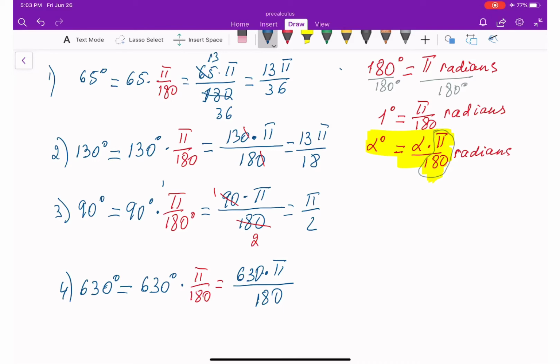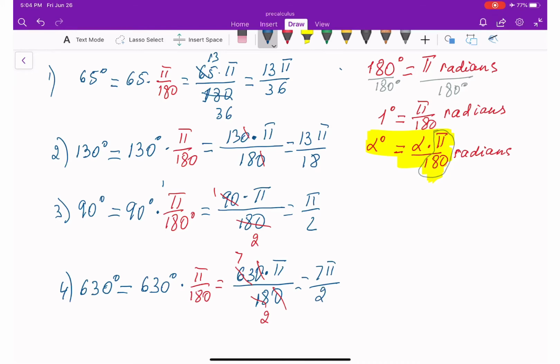First of all, these zeros I can cancel with no problem. And then 63 and 18, both of them I can divide by 9. Here I get 7. 18 divided by 9 is 2. And the answer is 7 pi over 2.